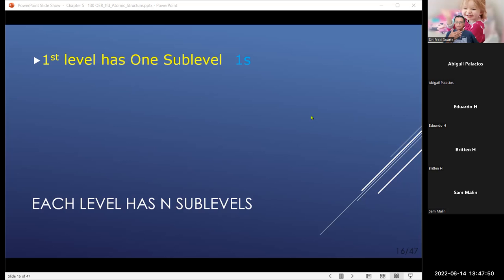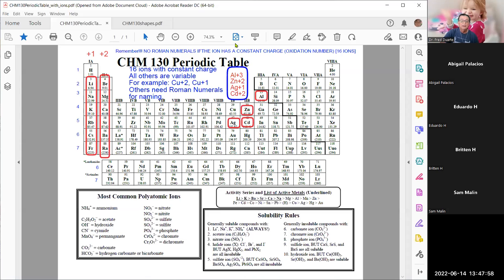If you look at the periodic table, you will see that the first energy level is right here. The only two elements that have to do with that, the 1s, are hydrogen, and then we go across the table to helium. Hydrogen and helium.